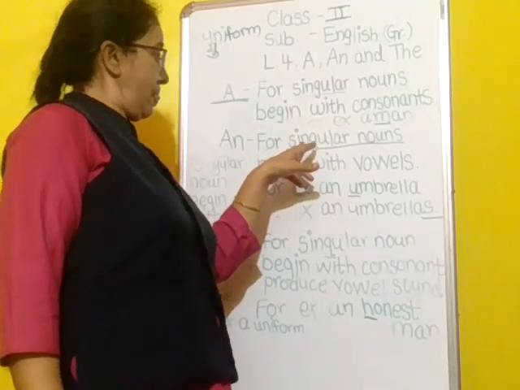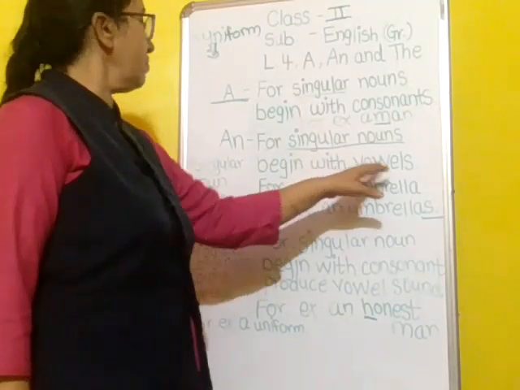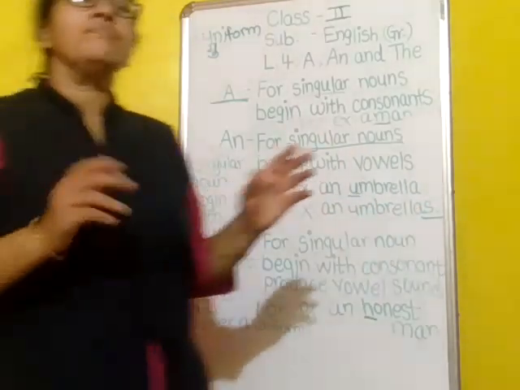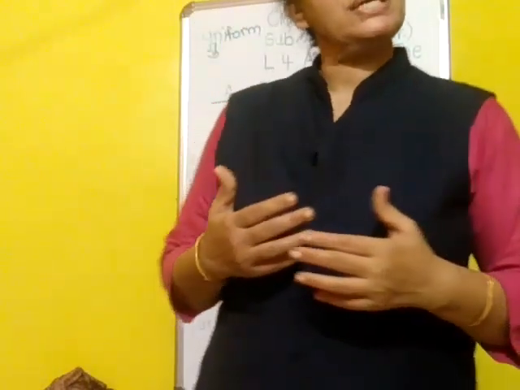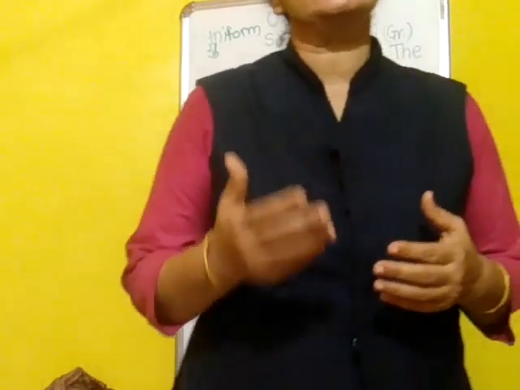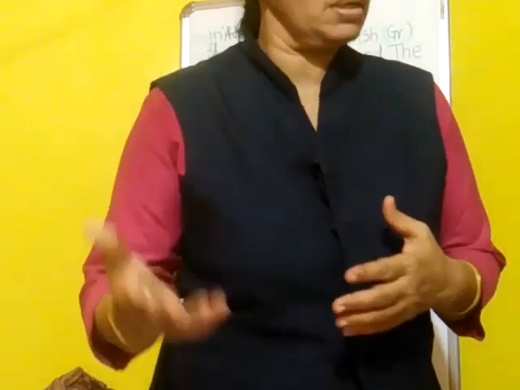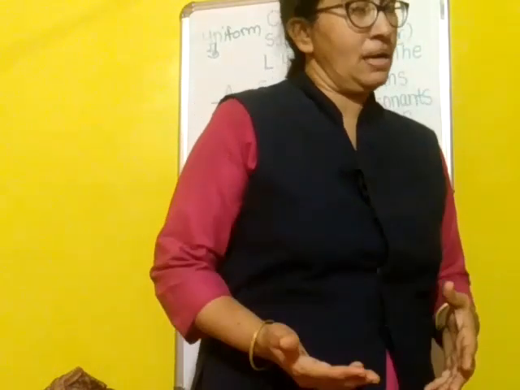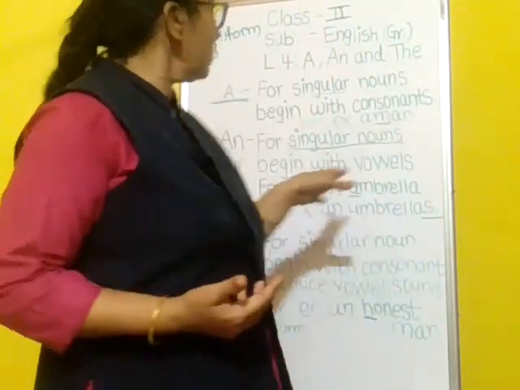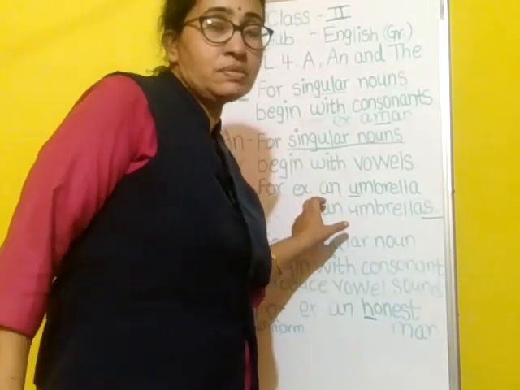So, singular noun begin with vowels. For example, an umbrella. So, children, see from word an umbrella what you can understand. An umbrella, that means that is single in number. That is singular noun umbrella, and it begins with U vowel, and that's why we can use here an. Understood?